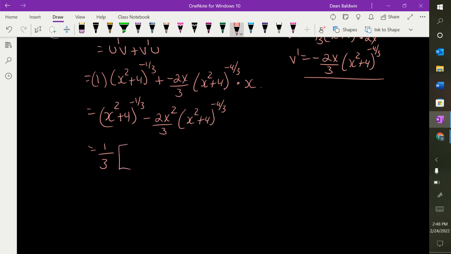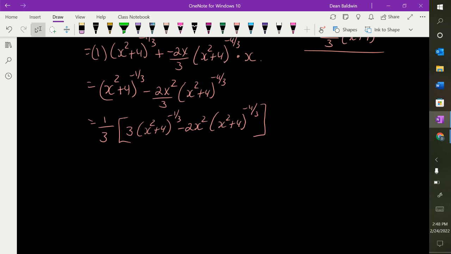So if I pull a third out, this one gets divided by 1/3, so it's actually 3 times x squared plus 4 to the negative 1/3 minus 2x squared, x squared plus 4 to the negative 4/3. Okay, if you need to check, if you multiply the third in, you would get back the line above.